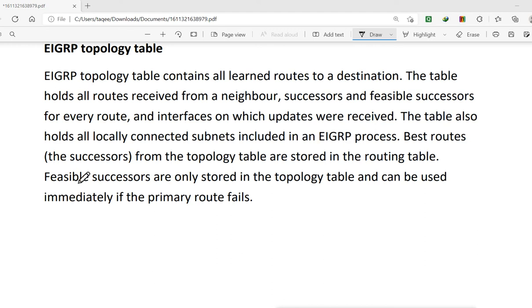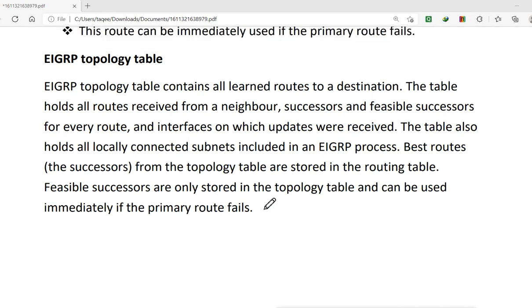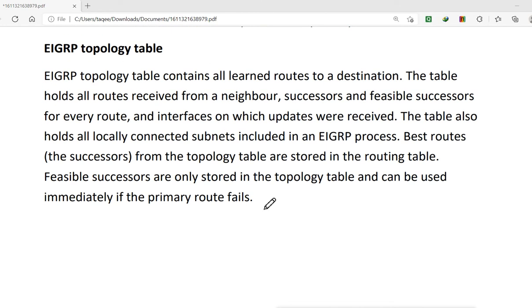The best route, that means the successor, from the topology table is stored in the routing table, and feasible successors are only stored in the topology table and can be used immediately as a backup if the primary route fails. You will only see the feasible successor route when you have multiple paths. If you don't have multiple paths, you will not see a feasible successor.